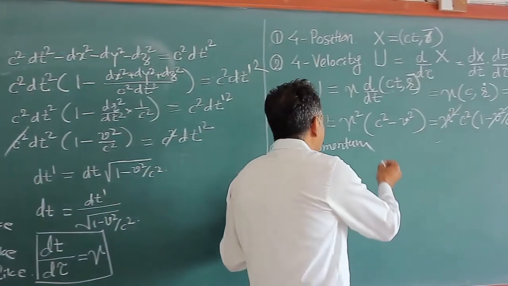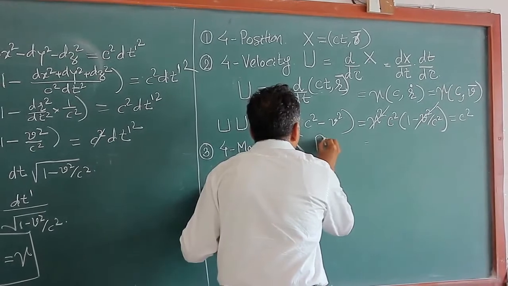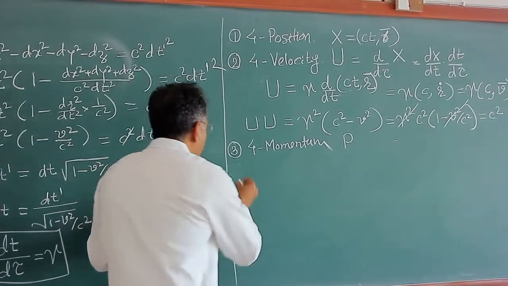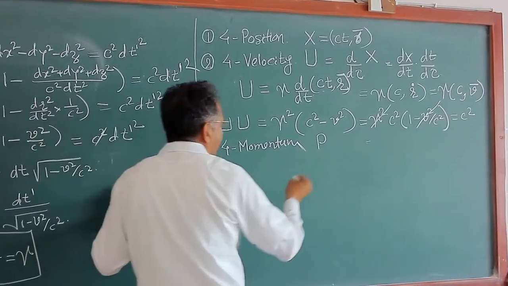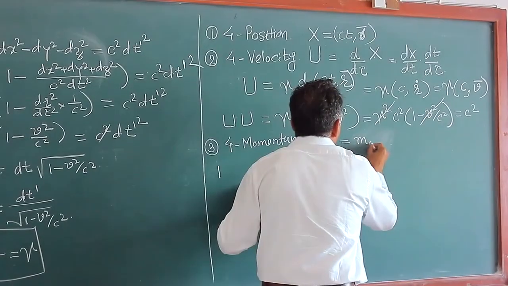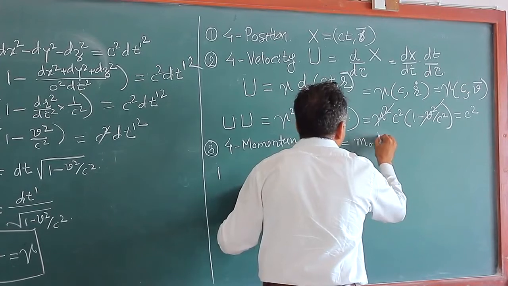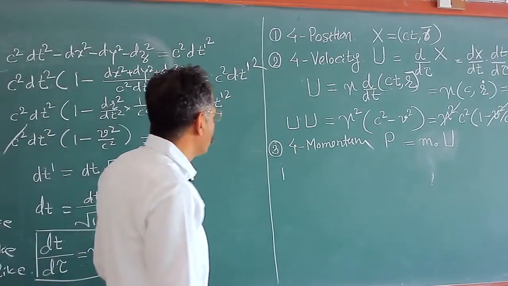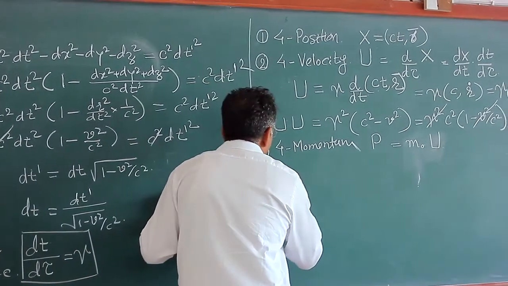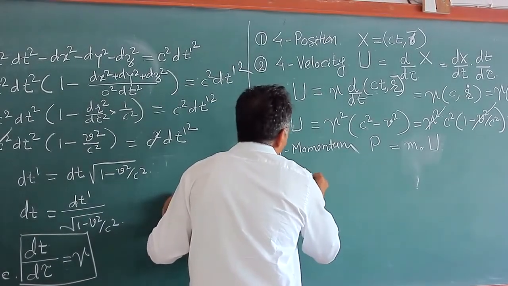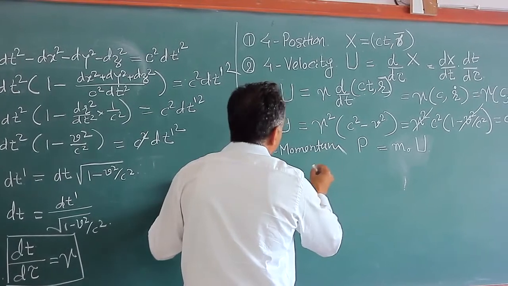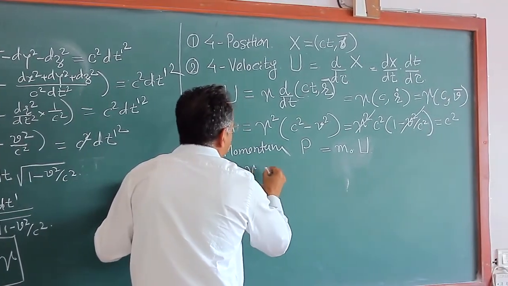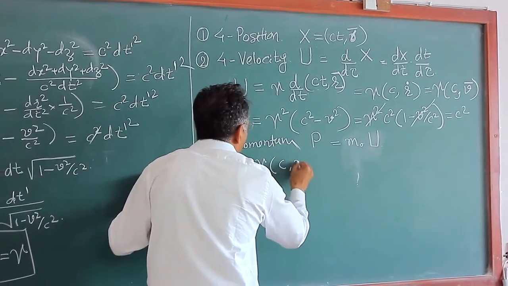So I am going to define momentum using the letter capital P. Capital P, by definition, is the mass of the object into velocity, capital U. We have already defined that. So capital P will be equal to m0 times gamma inside bracket c comma v bar.